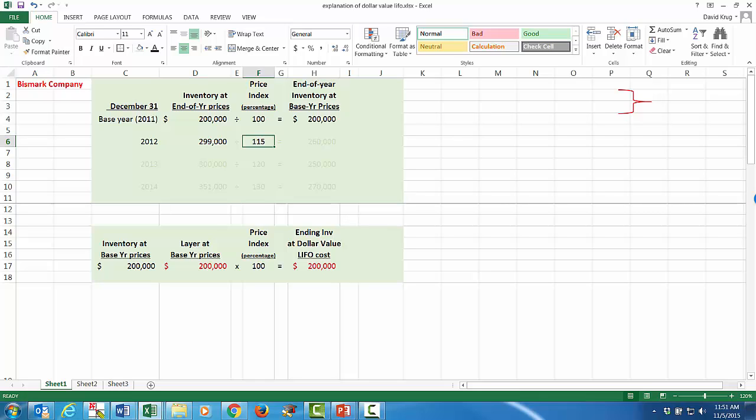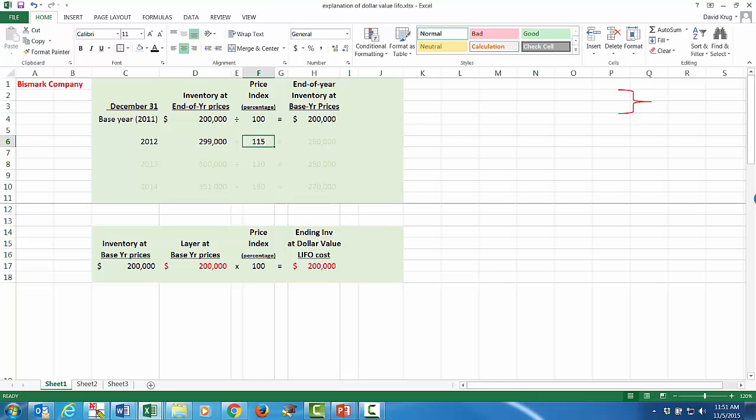Okay? Now, where do we get these price indexes? Well, there's something published by the Consumer Price Index or industry associations. But there's something called the Consumer Price Index for urban consumers that is very popular to use as one's price index.